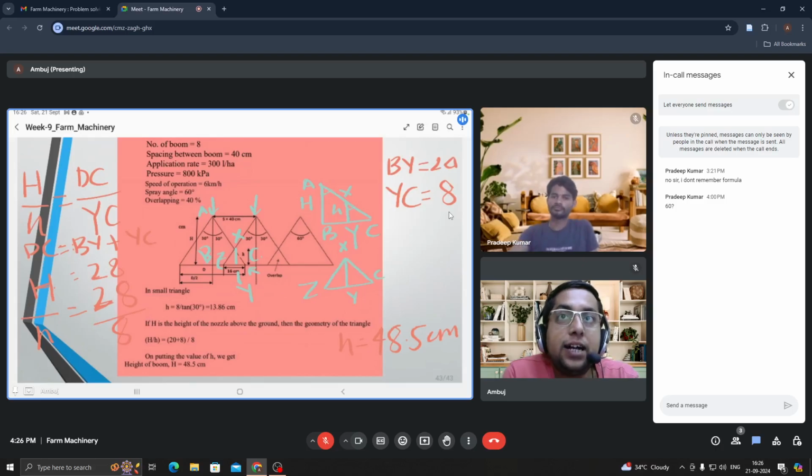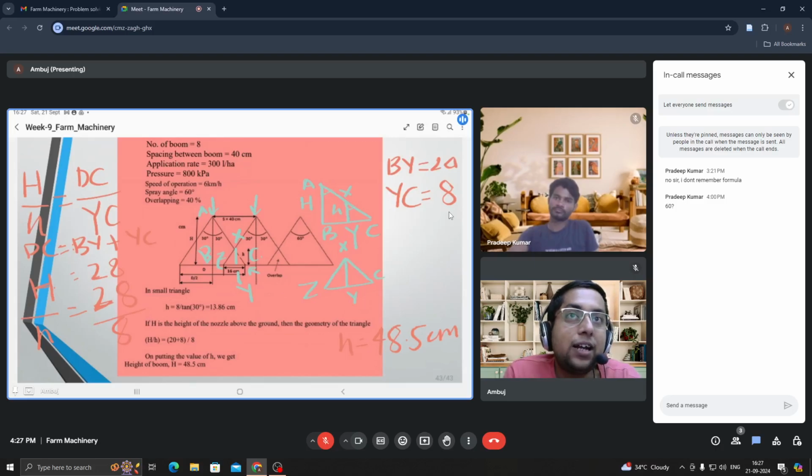This distance ZC is given here as 16 centimeters, which I have calculated as the overlap. So I will be able to calculate YC because both triangles follow a similar geometry. One side is common, XY is common, and everything is symmetrical. From the similarity criteria, I can calculate angle YXC also as 30 degrees.